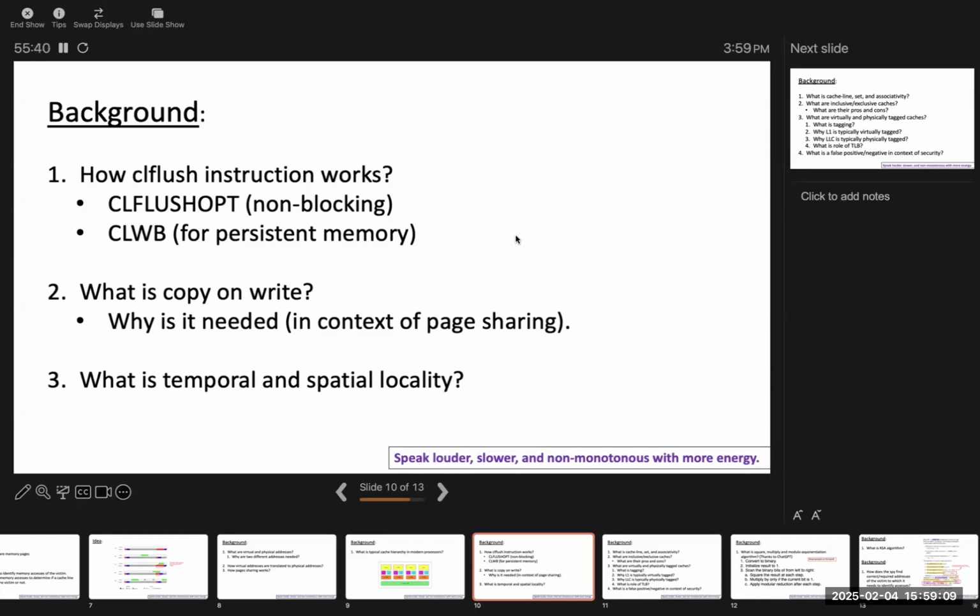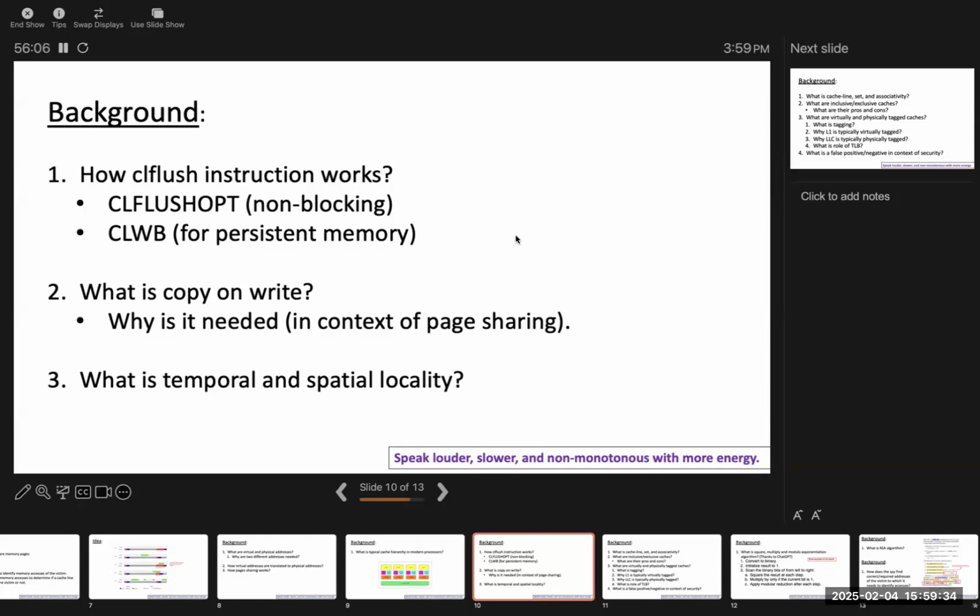So the mechanism is copy on write, where when there is a write request, the operating system creates a copy of this page, copies everything from this page to the new copy, and then redirects the write request coming from process B to the new page instead of the older page.